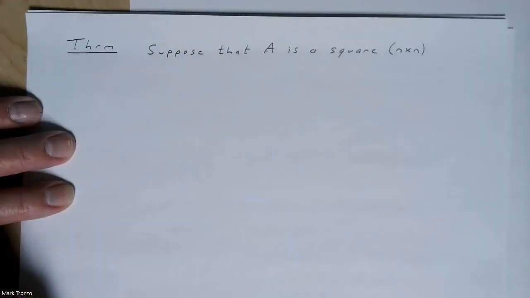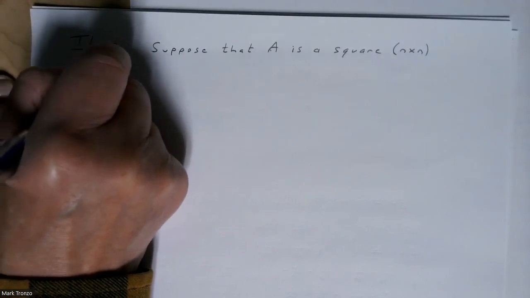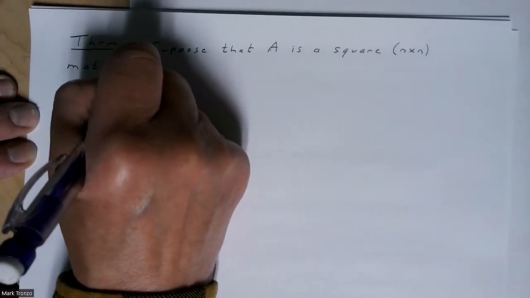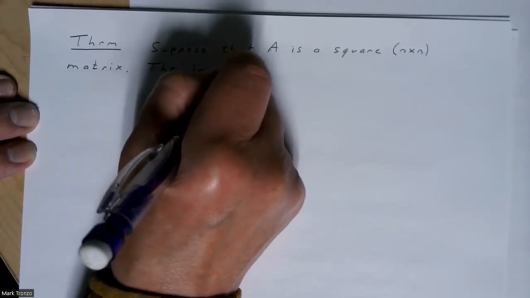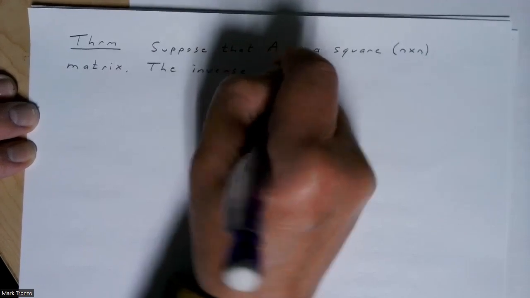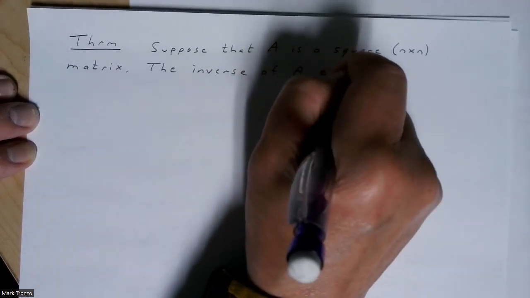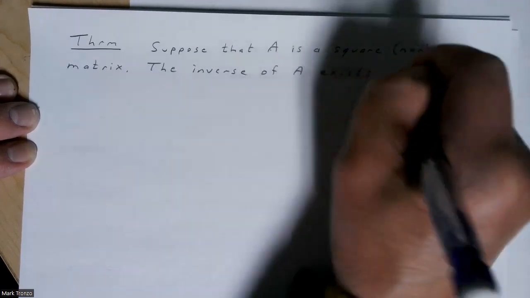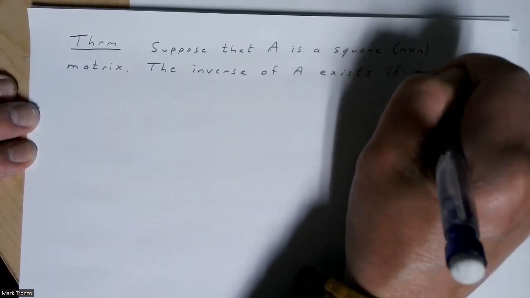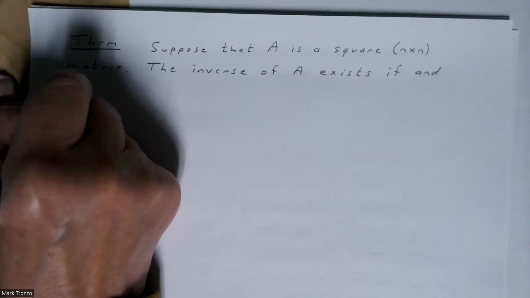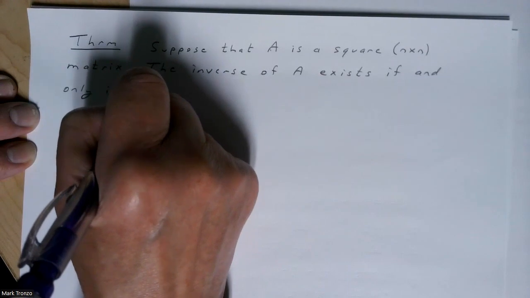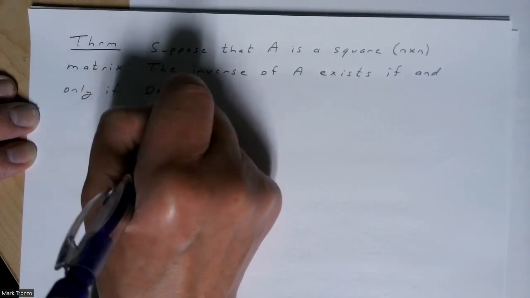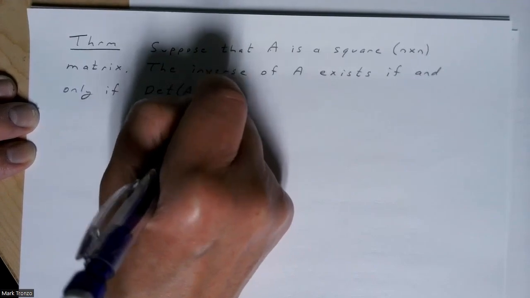Number of rows and columns are the same. The inverse of A exists if and only if the determinant of A is not 0.